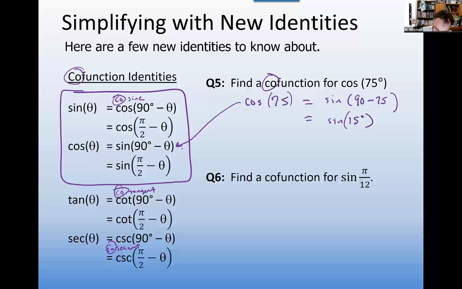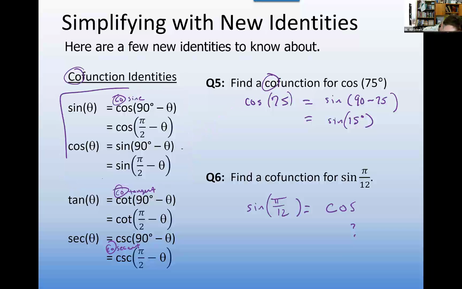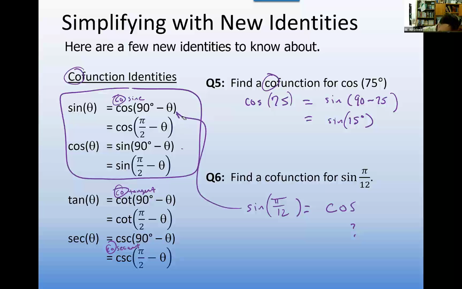If I want to switch the sine of pi 12ths into a cosine, of what? Well, I'm going to have to use the cofunction. The cofunction for sine is cosine, so I'm going to have to plug it into, oops, not that one.